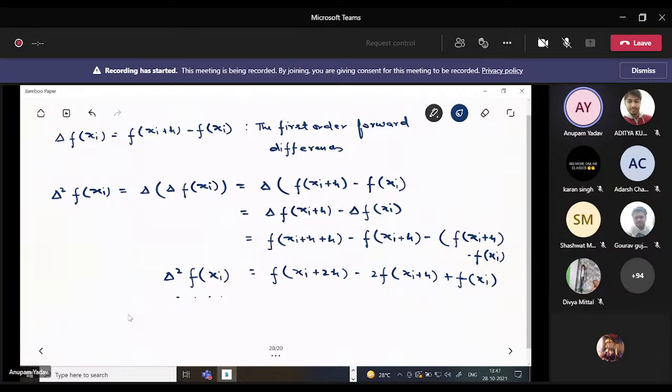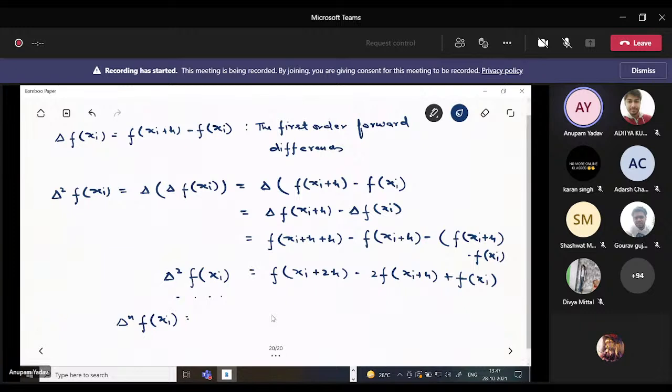Similarly, we can continue like this and write the nth order difference. I'm writing it directly; you can prove it in a similar way by writing delta 3 f of xi and so on.